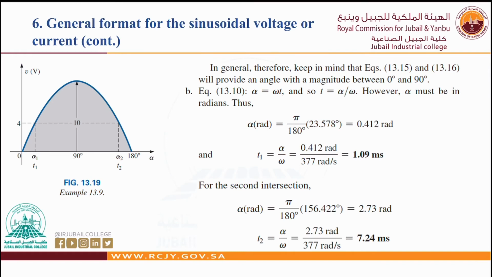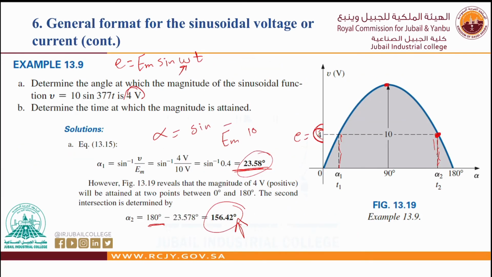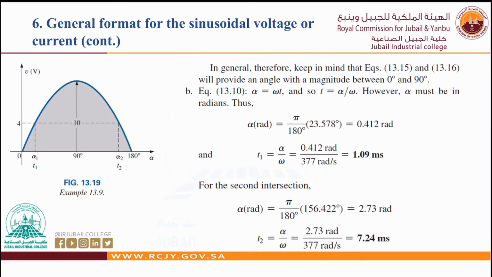Now, determine the time at which the magnitude is attained. Alpha is equal to omega t, and so t is equal to alpha over omega. However, alpha must be in radians, as I told you, because we do not have sine or cosine here.